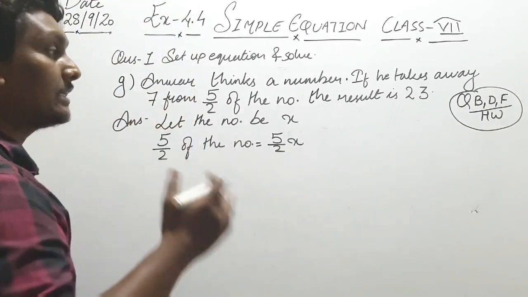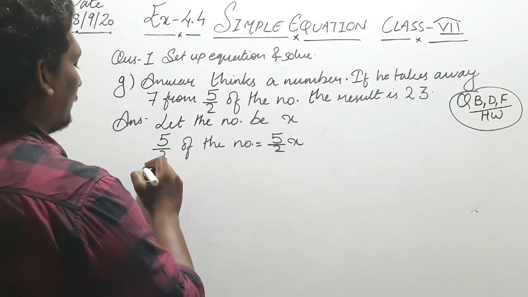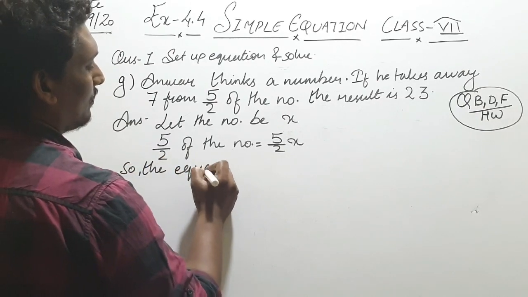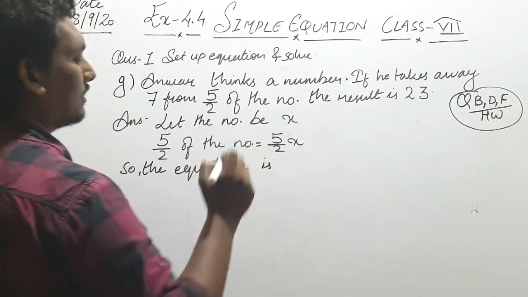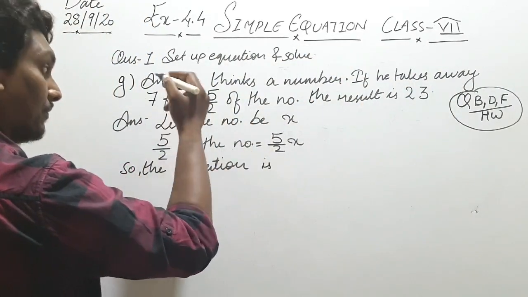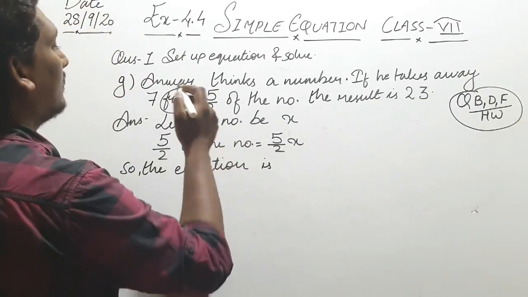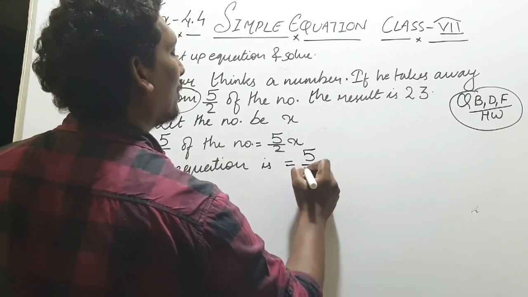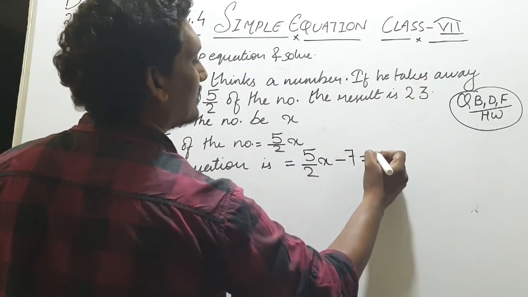The 7 is getting subtracted from 5 by 2 x. So the equation will be like this: 5 by 2 x minus 7 is equal to 23, the resulting number.